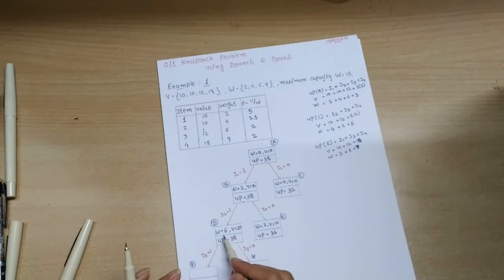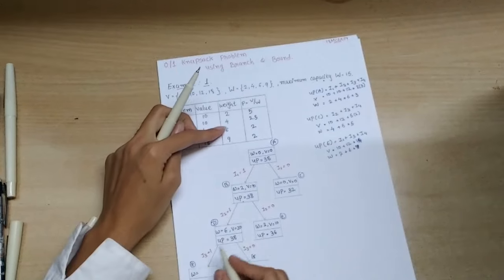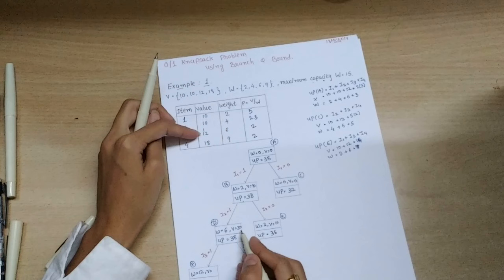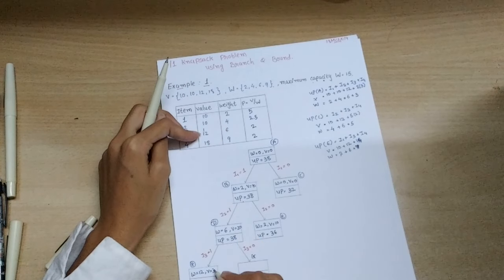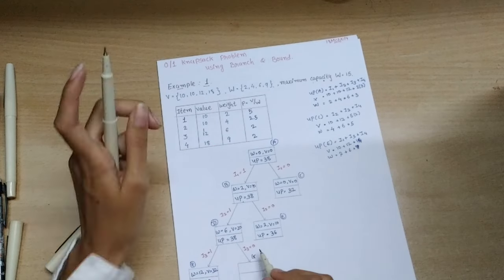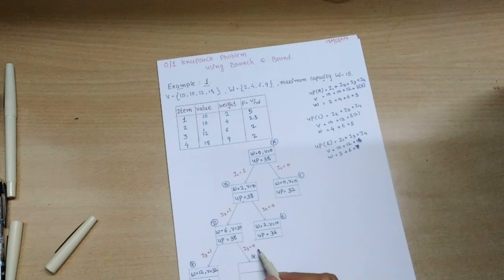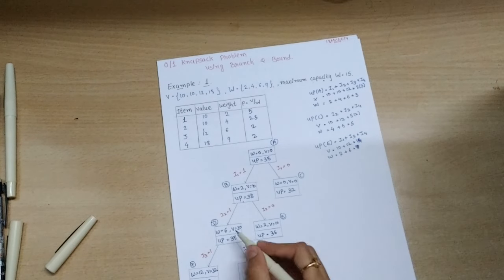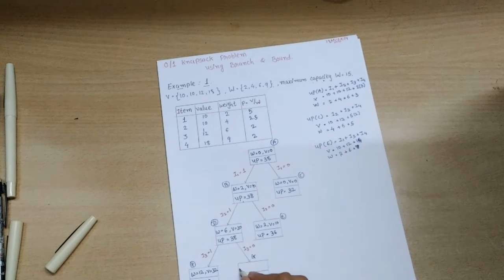If we consider item 3, then the weight will be 6 plus 6, that is 12, and the value will be 20 plus 12, that is 32, and the upper bound will remain the same. If we do not consider item 3, then the weight and value remain the same, and we have to calculate the upper bound for node G.